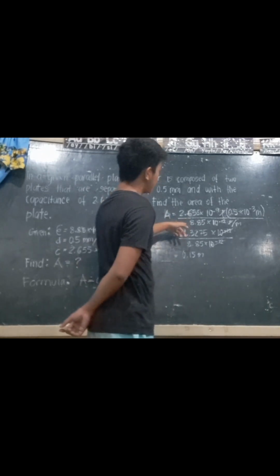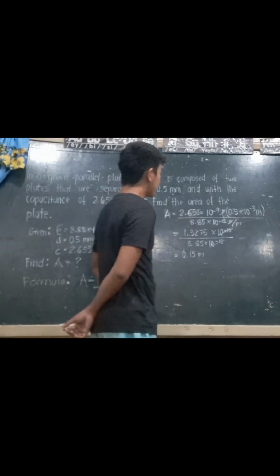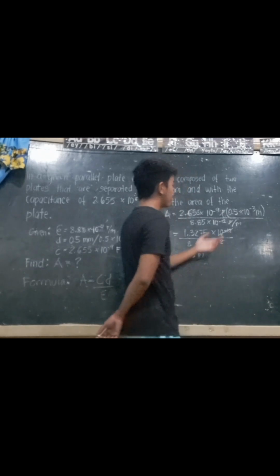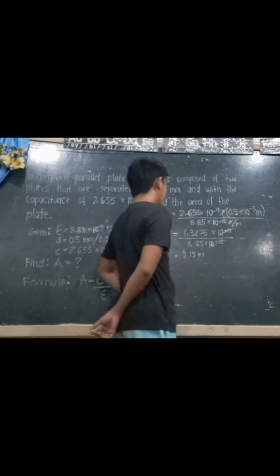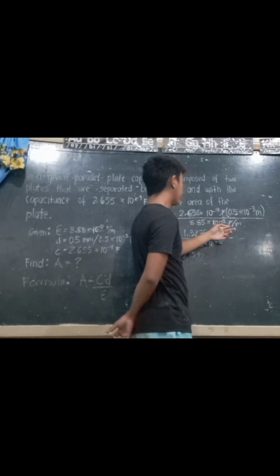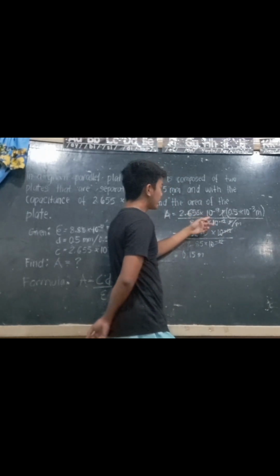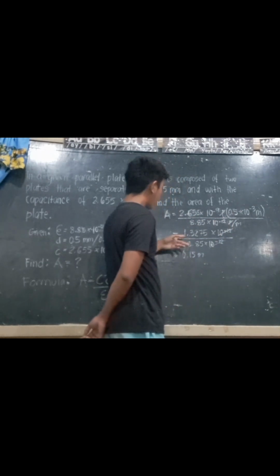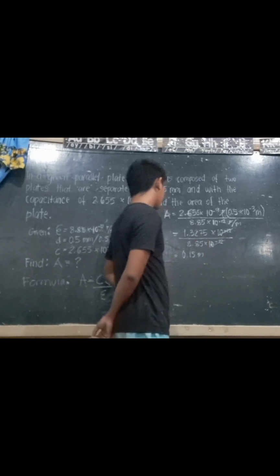So A is equal to 2.655 times 10 to the power negative 9 farad multiplied by 0.5 times 10 to the power negative 3 meters over 8.85 times 10 to the power negative 12 farad per meter. 2.655 times 10 to the power negative 9 multiplied by 0.5 is equal to 1.3275 times 10 to the power negative 12.